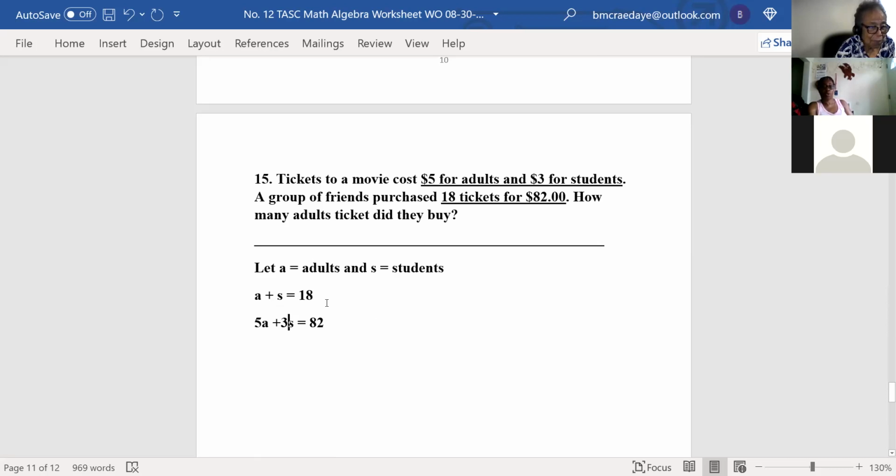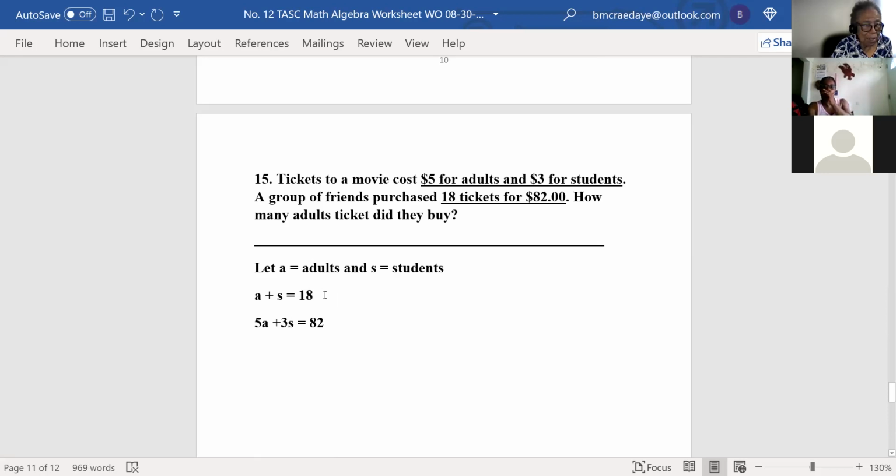Okay, so let's use a student first. Minus 3S on both sides. No, there's something we need to do before that. Remember, we're trying to get it to one unknown.